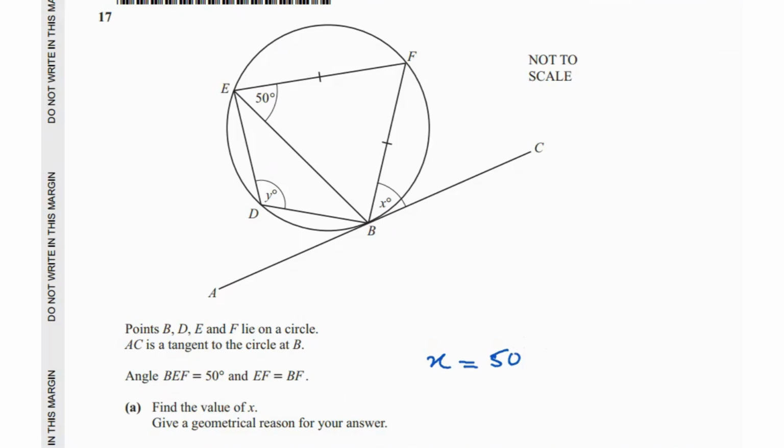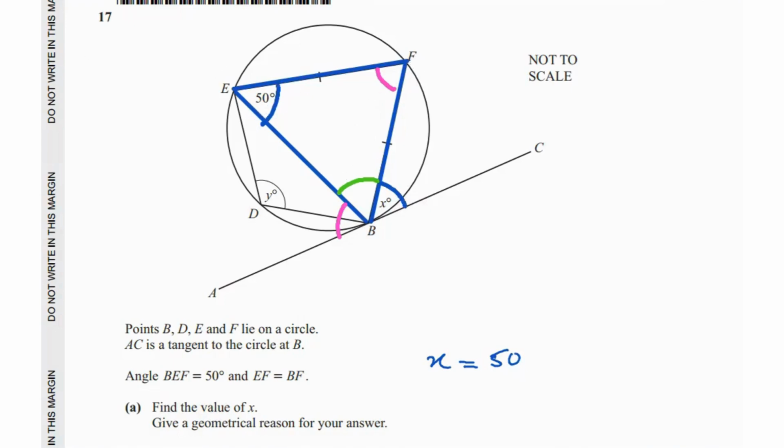Why 50? Because the three vertices of your triangle EFB are touching the circumference. When they're touching the circumference, that means it falls under the alternate segment theorem. Based on the alternate segment theorem, this angle is equal to this angle. This angle is equal to this angle. And this is your common angle between the line and the triangle.